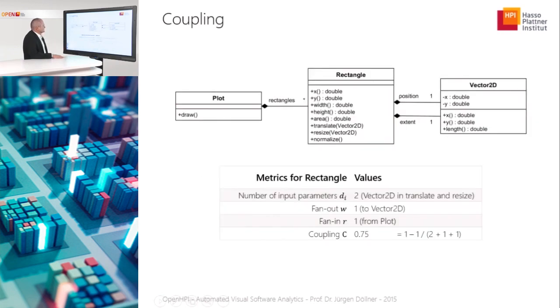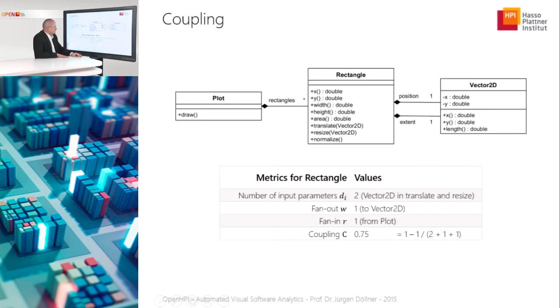Let's consider one example, three classes, and we are now talking about the coupling of the rectangle class. It's a class diagram, and for example, we have as number of input parameters 2. This comes from using vector 2D two times.